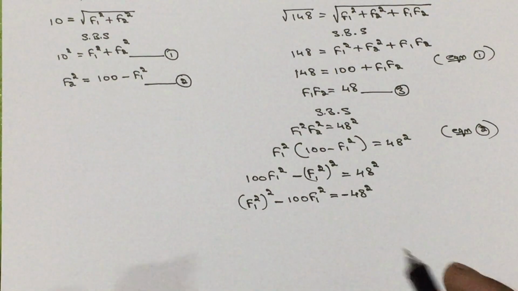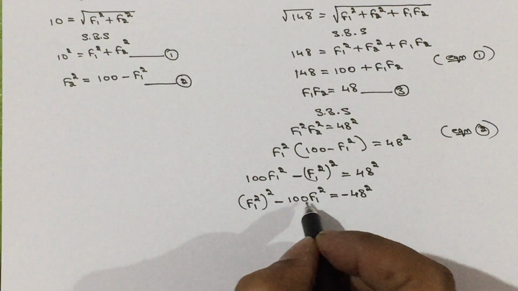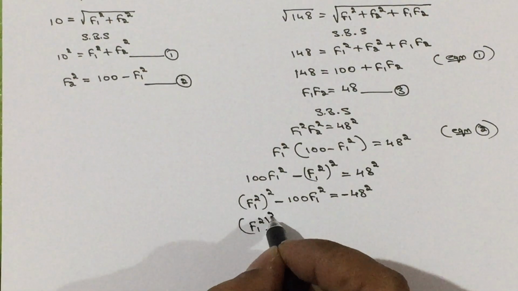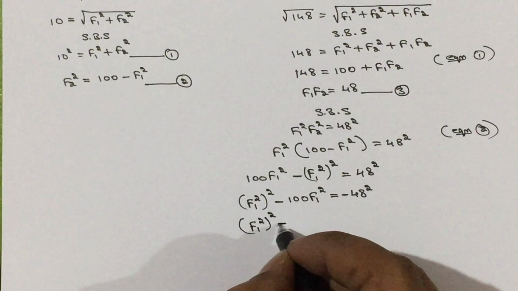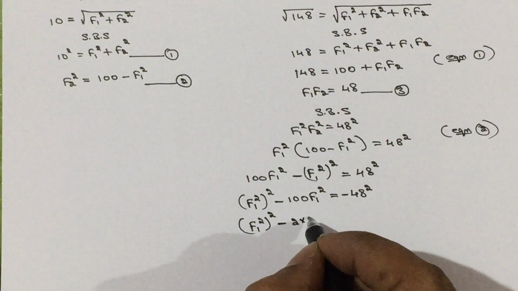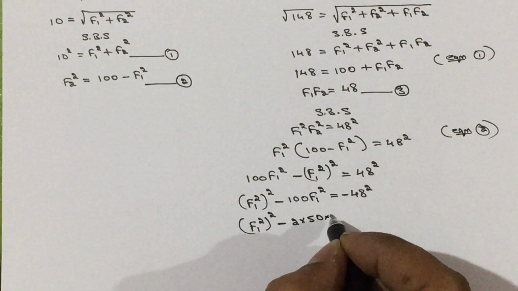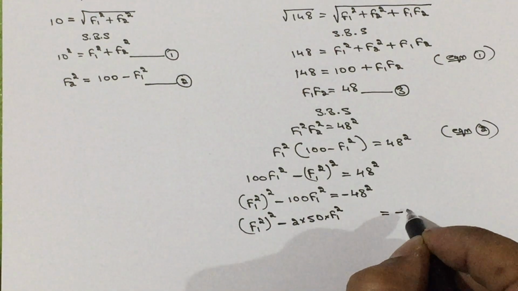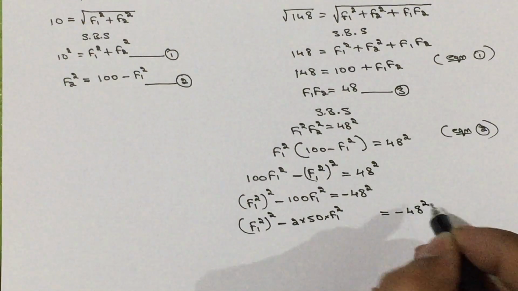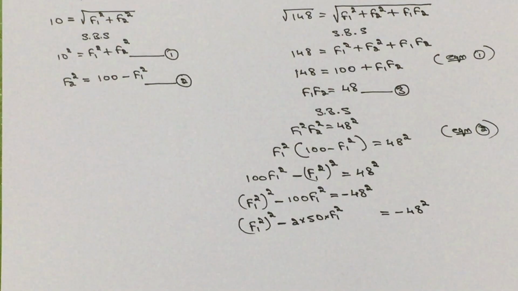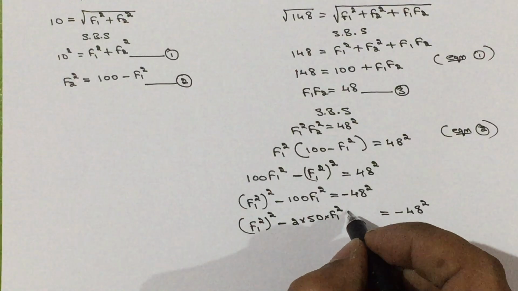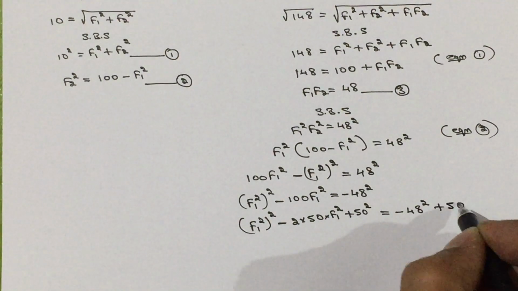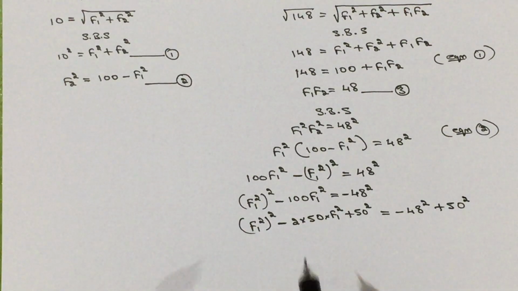So, we can write 100 as 2 into 50, so F1 square whole square minus 2 into 50 into F1 square, that is equal to minus 48 square. So, just for simplification, let us add plus 50 square on both the sides.